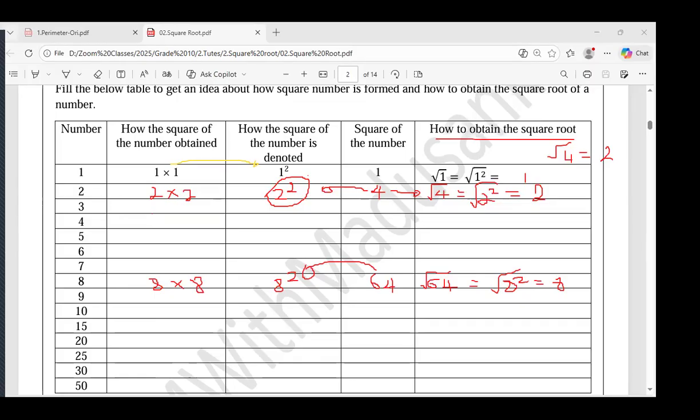Okay, Netuli done. 50 can be written down as the square of the number obtained: 50 into 50. The square of the number is denoted as 50 to the power 2. 50 times 50 means 2500.